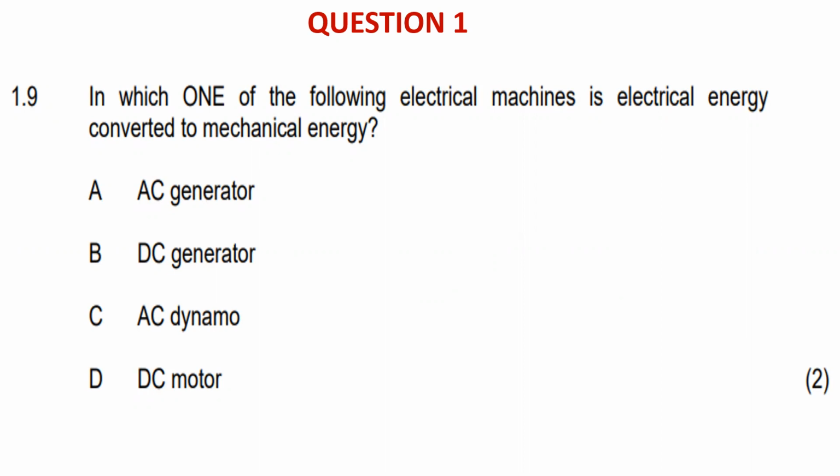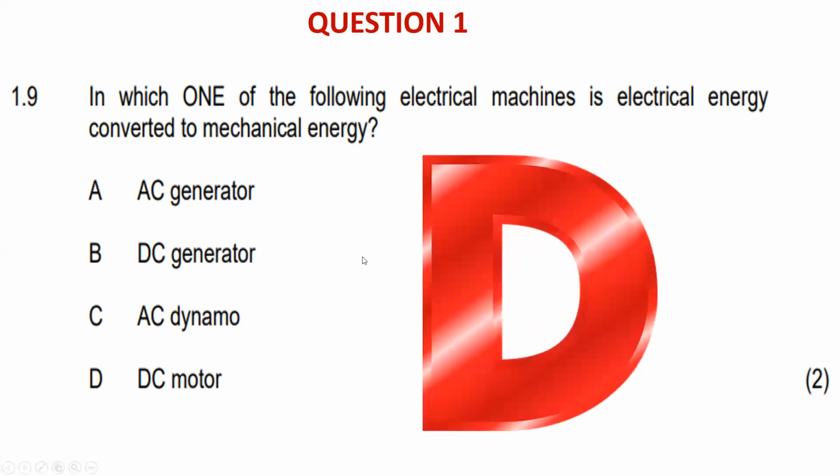Another one, DC generator, also making mechanical to electrical energy, and then AC dynamo, not our answer. And our answer is what? DC motor. Our answer is D.